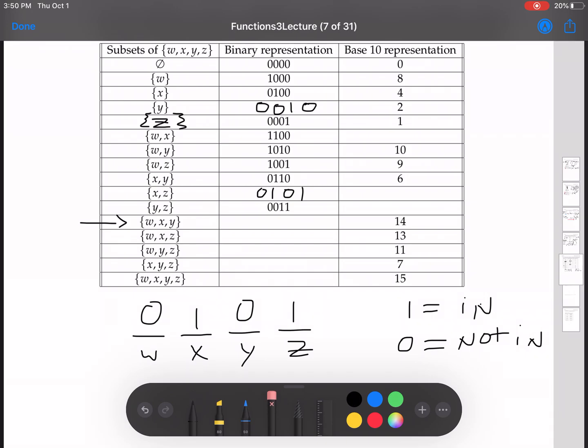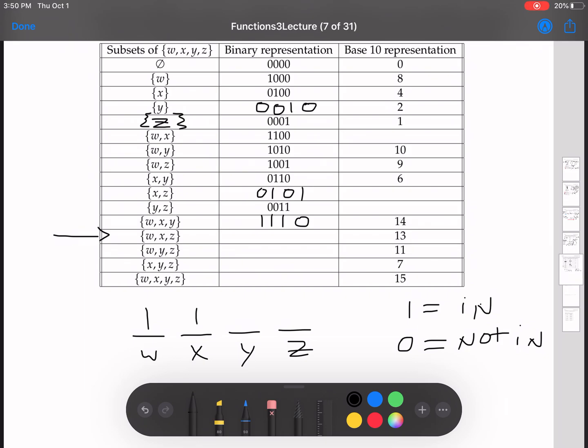W, x, y. So we've got w, x, y, no z. That would be 1, 1, 1, 0. Moving down to the next one, w, x, and z.